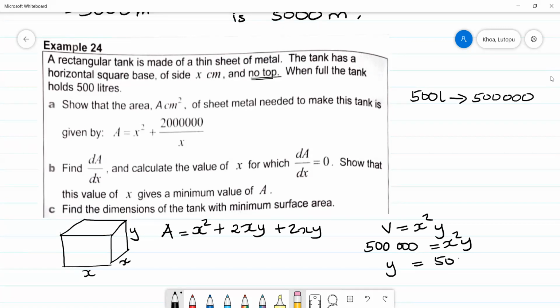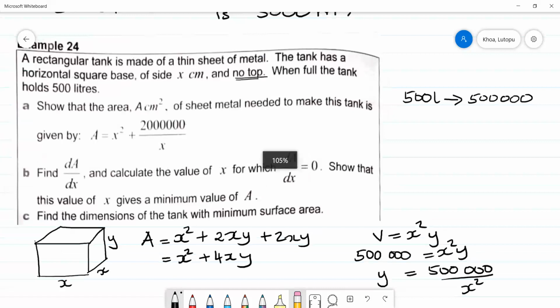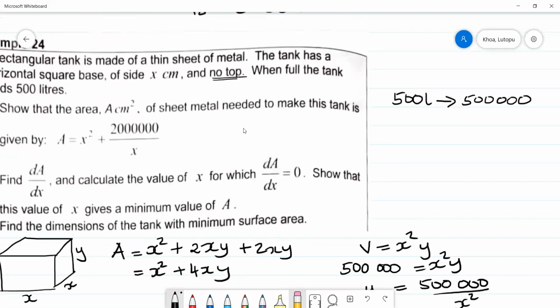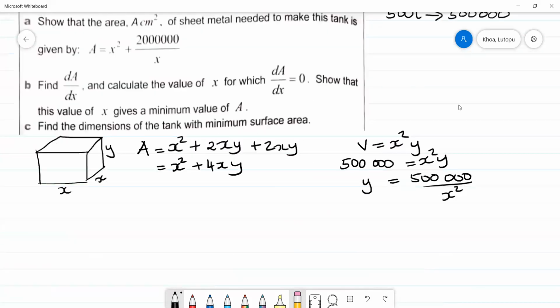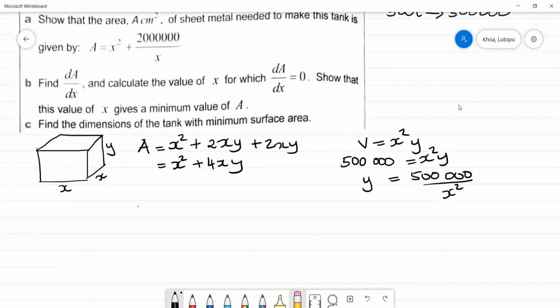This is 500,000 over x squared, and then we'll substitute it over here. So this is actually just x squared plus 4xy. Okay, so our area is x squared plus 4x, and then y, you rewrite it in terms of x.